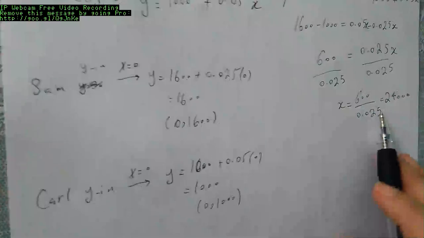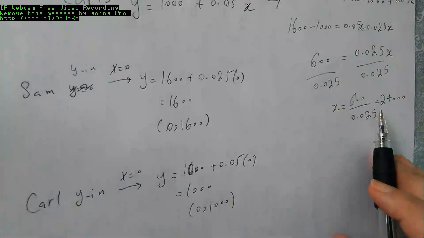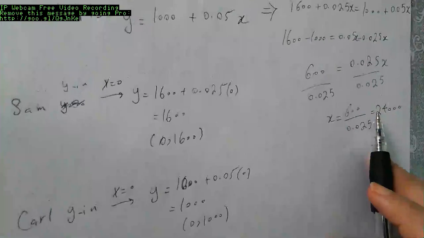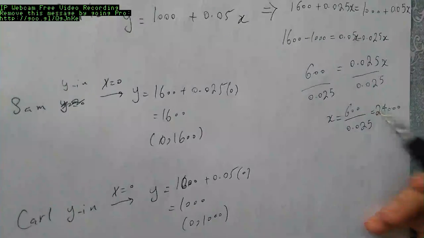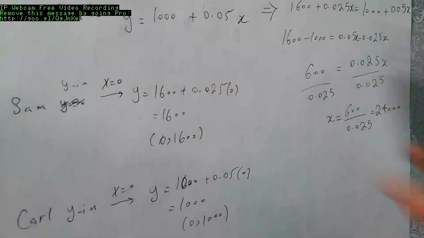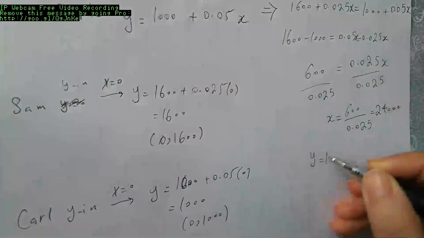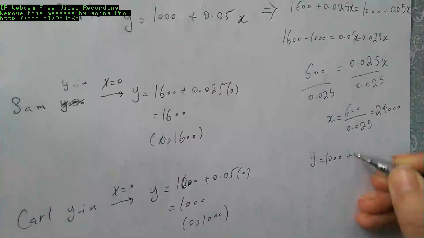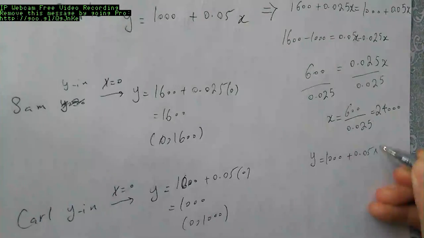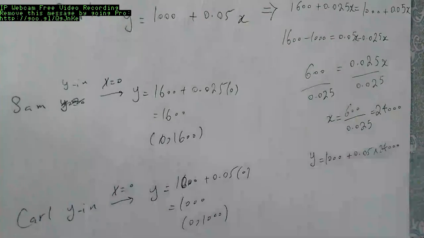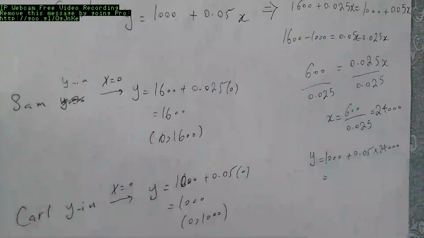And this point is the common between them, right? If you put x equal to 24,000 in one of them, you will get the y. Let's put the 24,000 for the x in one of these to see what is the y. 1,000 plus 0.05 multiplied by 24,000.